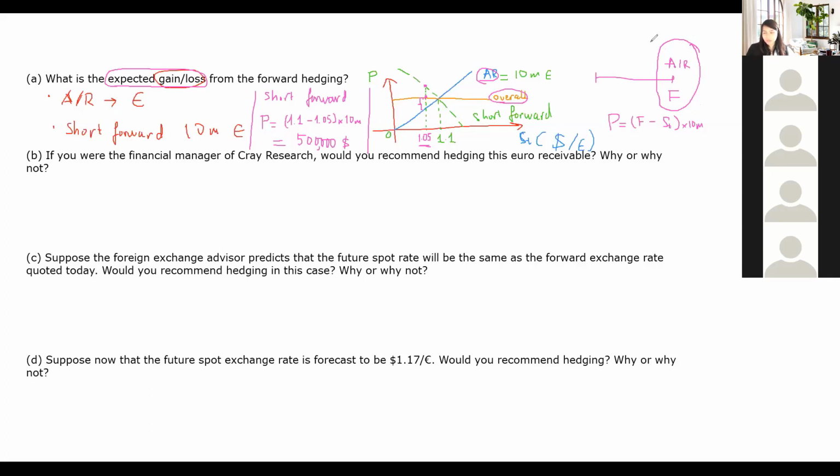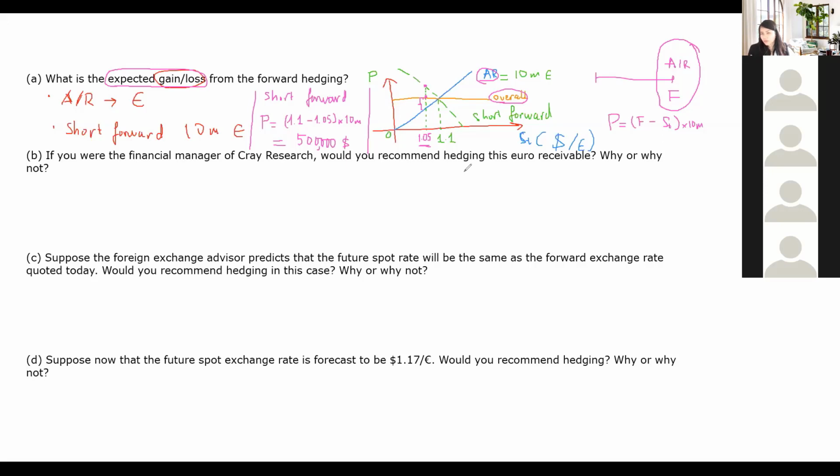Right. So the way you think about it is in a short forward contract, you agree to sell the euro at 1.1, dollar per euro. And in the future, when the market rate turns out to be 1.05, that means everyone in the market who doesn't have a forward contract is going to sell the euro at only 1.05.